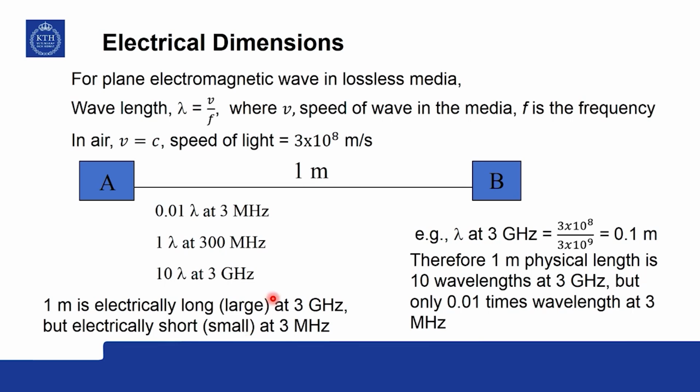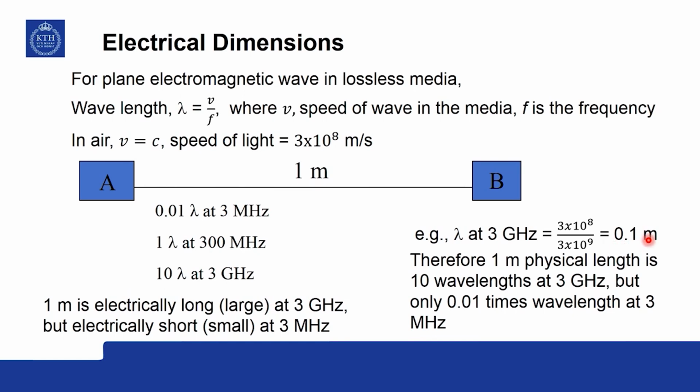So, 1 meter is electrically long at 3 gigahertz, because it means 10 times the wavelength.